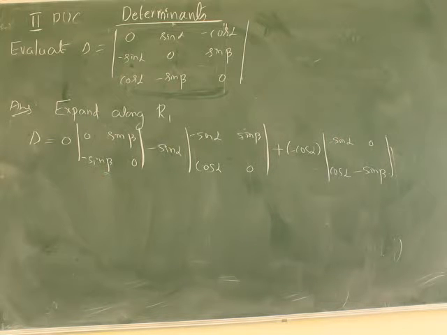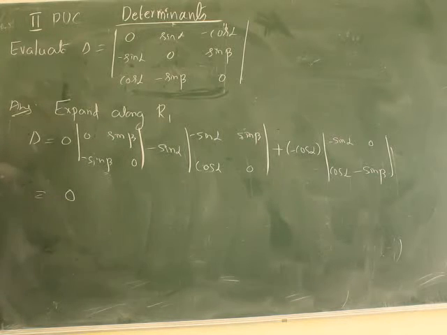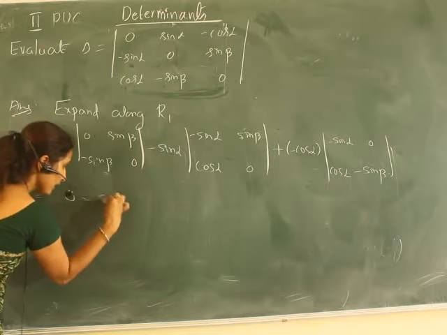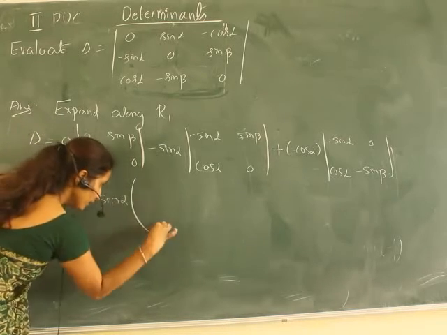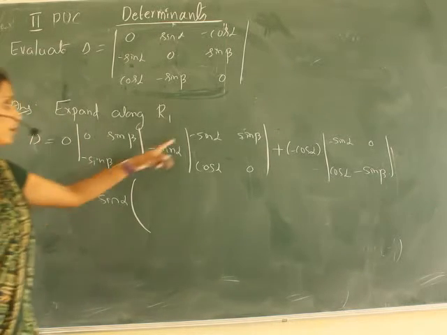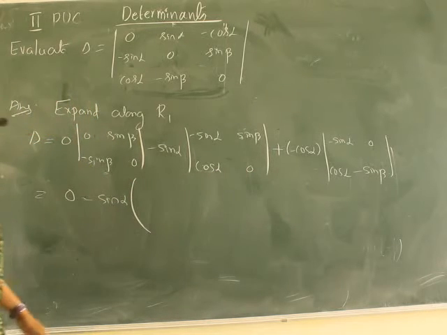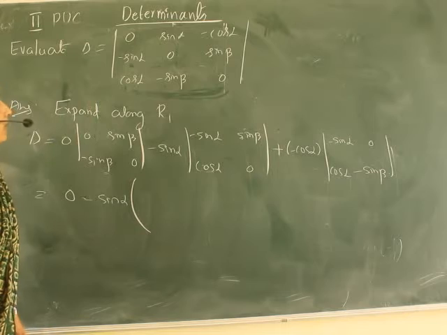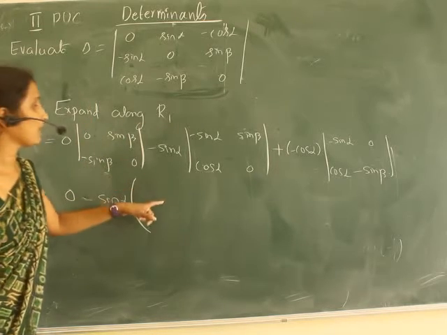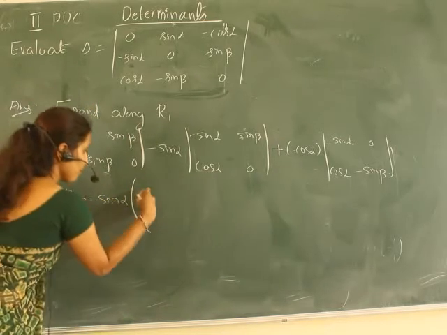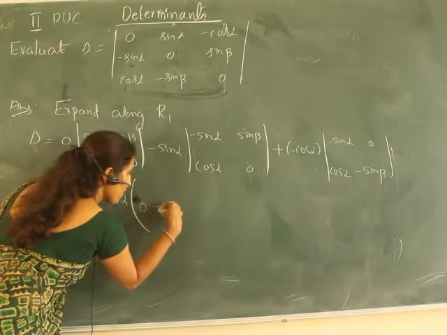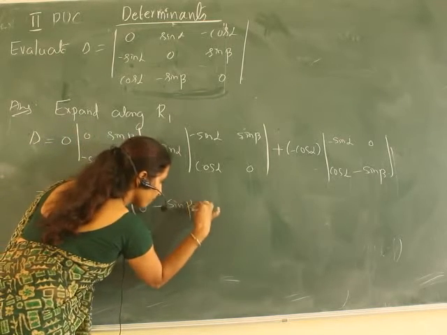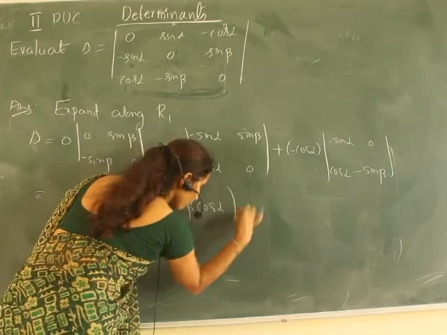So what we get now? Now we have to expand. So first term is 0 itself. 0 into anything is 0. Next is minus sin alpha into 0, which is 0 only, minus sin beta cos alpha.